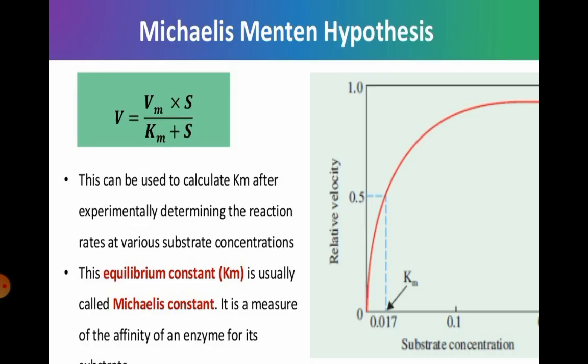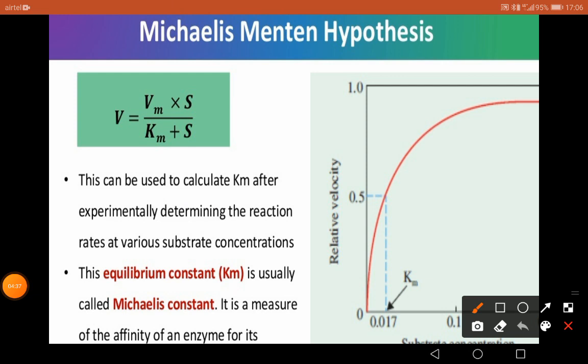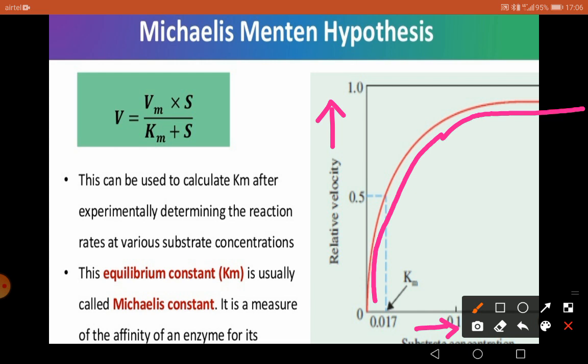In this graph, you can see this is the velocity, and this is the concentration of the substrate. This is the product formation, the rate of reaction. You can see it is rising, and after some time we get a straight line.